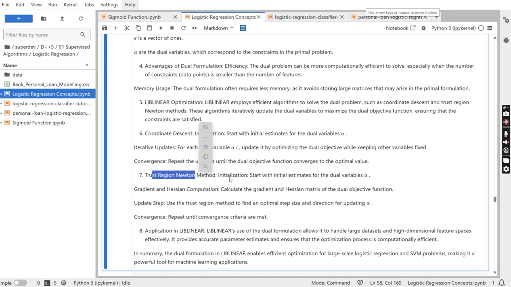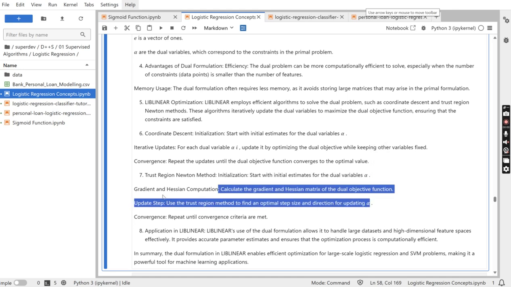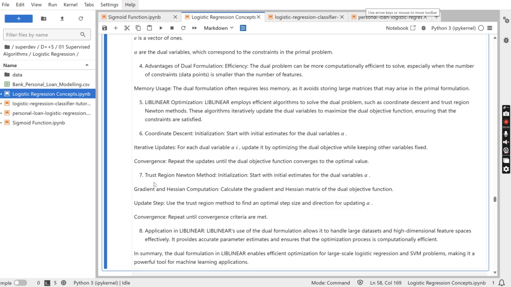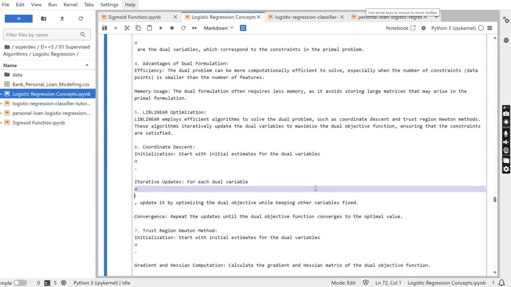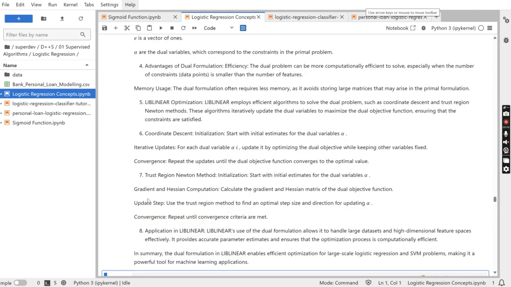In the trust region, there is another method, right? One is coordinate descent, another one is the Newton method. In the Newton method, it initializes the parameters, mainly alpha, and calculates the gradient descent by making use of the Hessian matrix. So two different methods it uses. First is coordinate descent, which I'll explain to you.